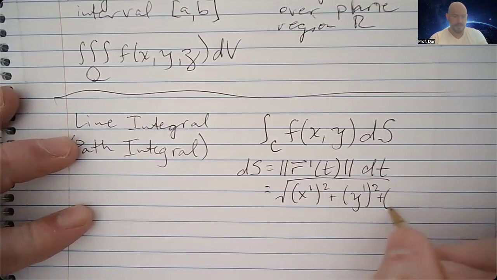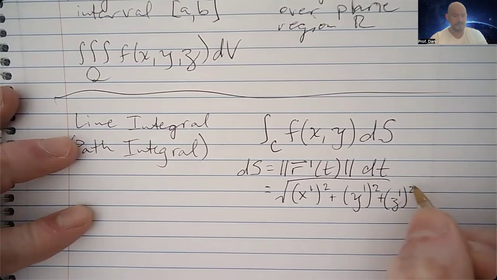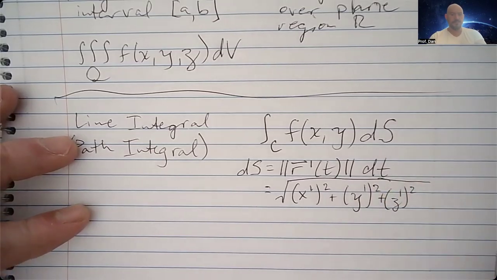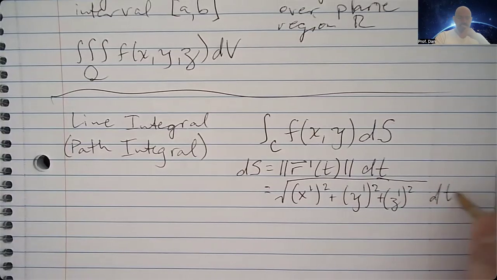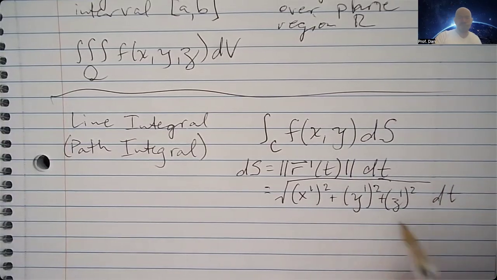There could also be a plus z prime squared, dt. So these derivatives would all be in terms of the parameter t. And that's still a thing that we're going to use in line integrals or path integrals.